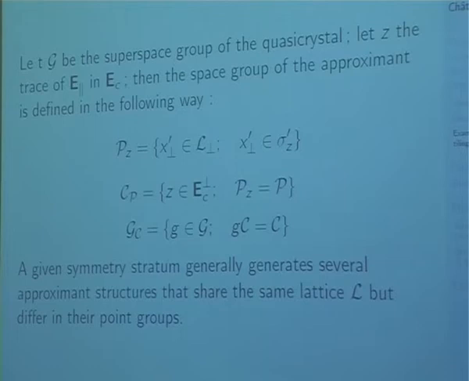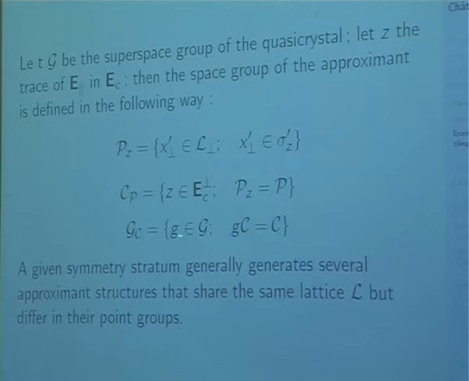Maybe I gain another point, but it's a different structure. The cell will be the set of the Z positions. You can move sigma prime without removing a point or integrating a new point. It's not like in a quasicrystal, where you move it and generate phasons. Here, if you stay in a cell, you generate no phasons. So this is the cell.